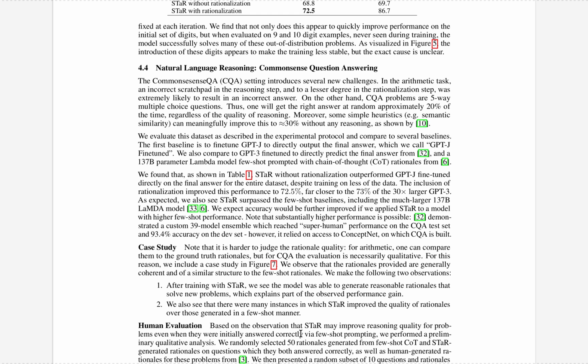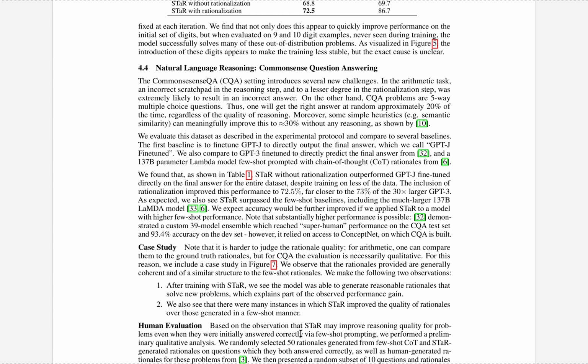The inclusion of rationalization improved this performance to 72.5%, far closer to the 73% of the 30x larger GPT-3. As expected, we also see STaR surpass few-shot baselines, including the much larger 137B LaMDA model. We expect accuracy would be further improved if we applied STaR to a model with higher few-shot performance.